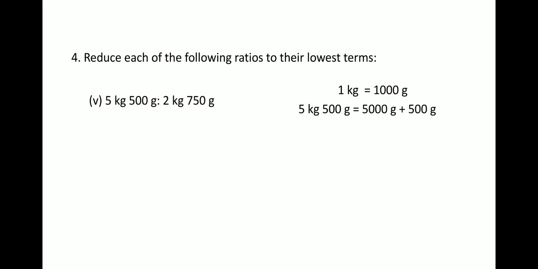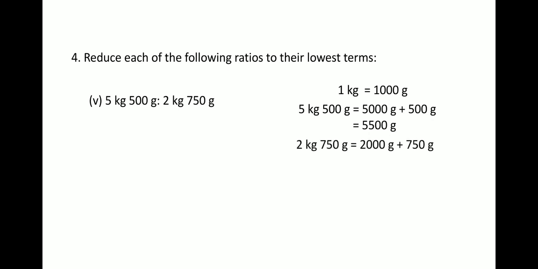Similarly, question number 5, which says 5 kg 500 grams is to 2 kg 750 grams. And we know that 1 kg is equal to 1000 gram. So 5 kg 500 gram is equal to 5000 gram plus 500 gram, which is equal to 5500 gram.